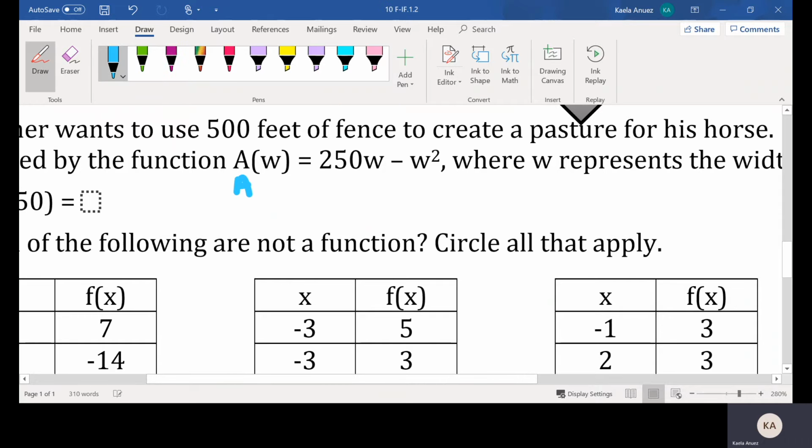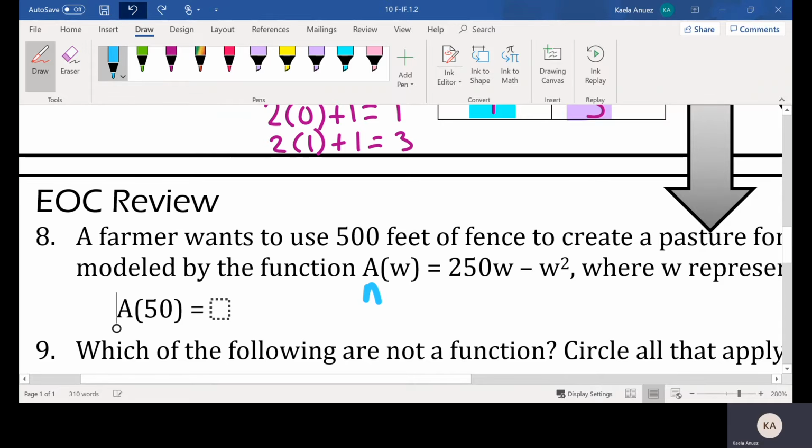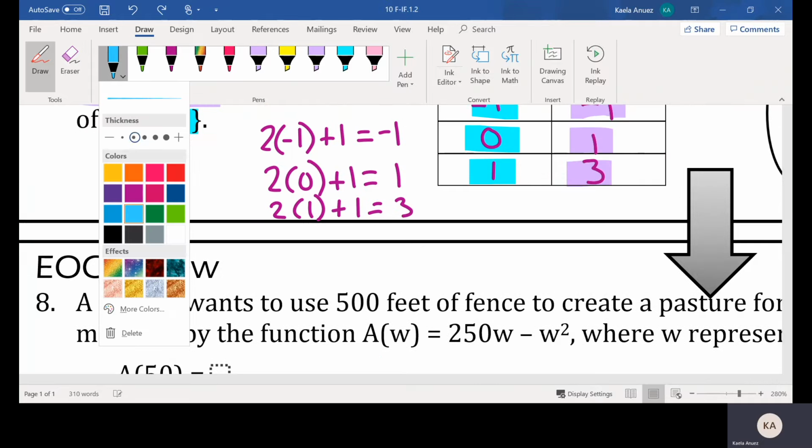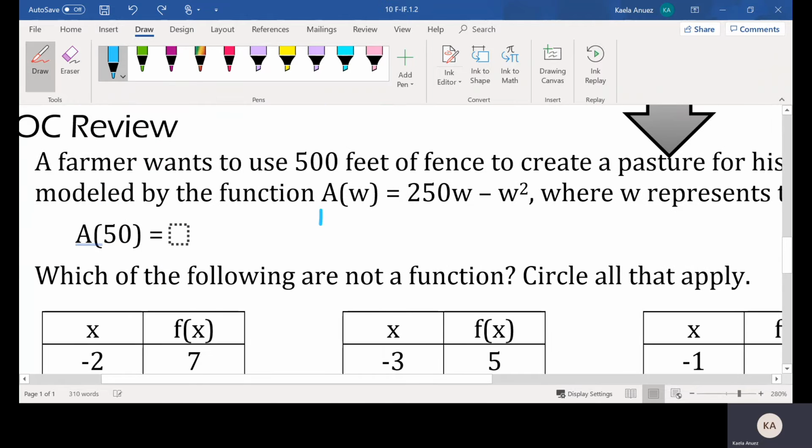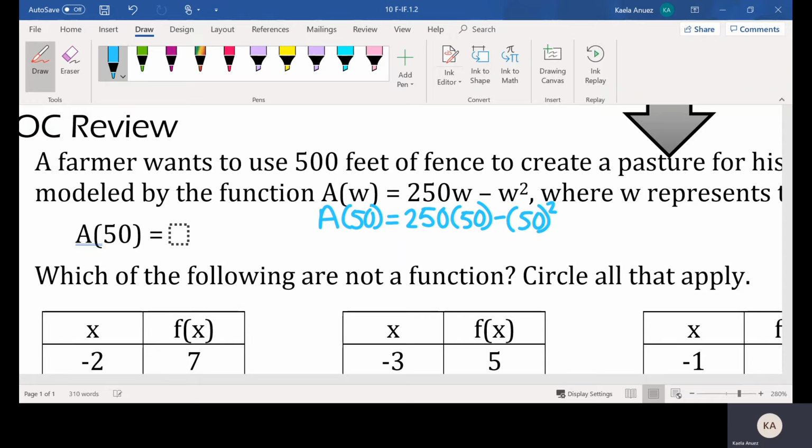250 times 50 minus 50 squared. We know 50 squared is 2,500, and 250 times 50 is 12,500.